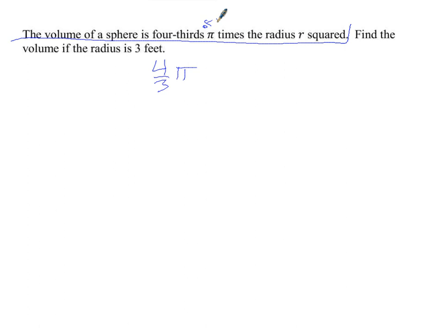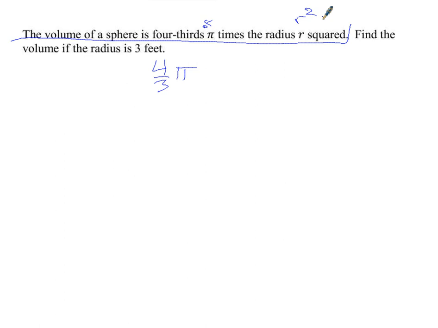Times the radius r squared. So what's being done to r? We have r. What's being done to r? It's being squared. How do I write that? R to the second power. Now what am I doing to r to the second power? Multiplying it by the 4/3 pi that I already wrote down.